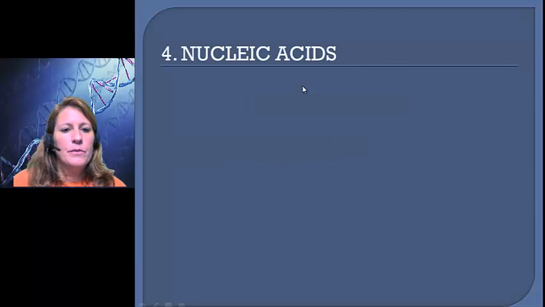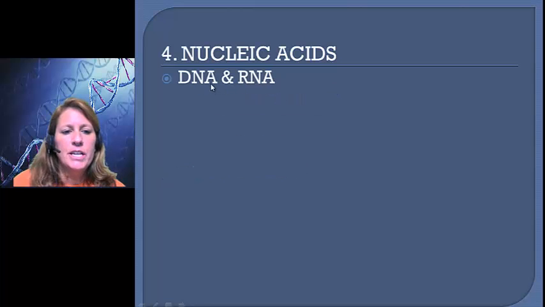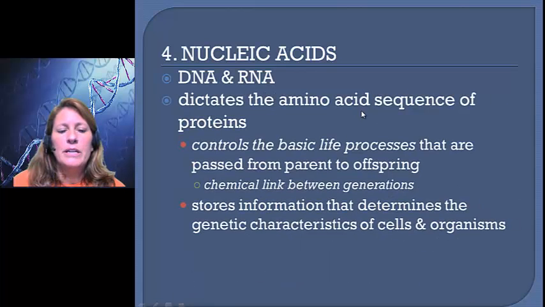Okay, the fourth macromolecule is nucleic acids, and that is your DNA and RNA. DNA stands for deoxyribonucleic acid. RNA stands for ribonucleic acid. So it's the amino acid sequence that's going to determine basically the nucleic acids.